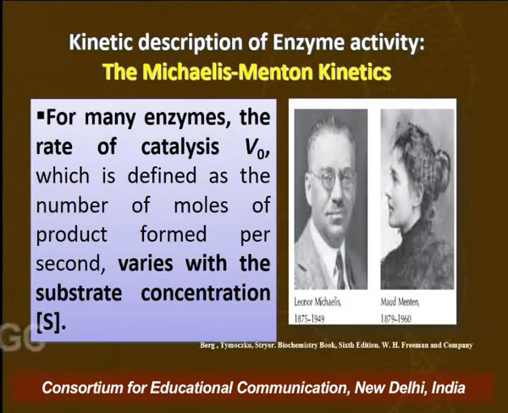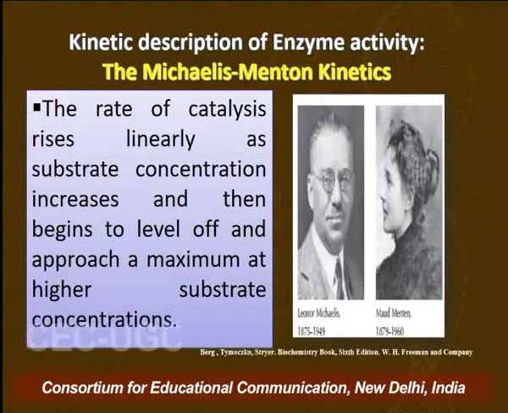They said that whenever there is a variation in the substrate concentration, the rate of catalysis also varies. Each enzyme has a rate of catalytic reaction called V0, and when it reaches the maximum velocity of its catalysis, it is called Vmax.